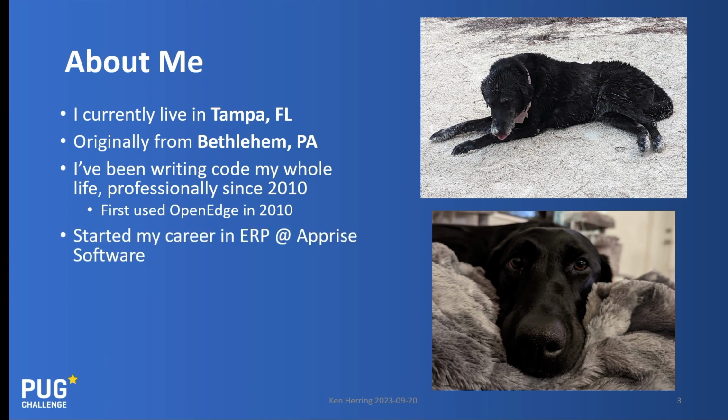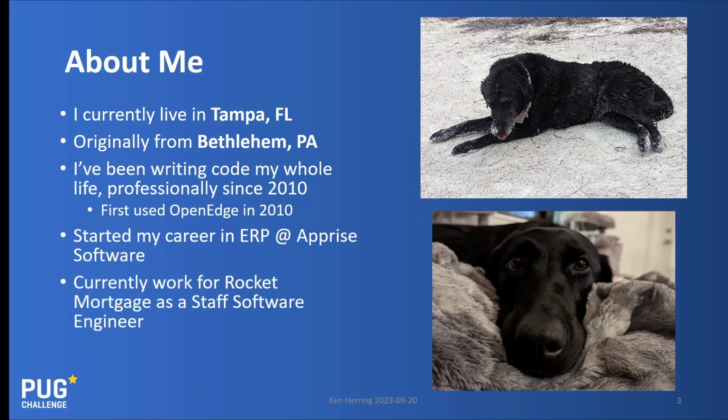I started my career, as a lot of people that have programmed OpenEdge did, in ERP software at a small company called Apprise Software in Bethlehem, PA. But for the last, I want to say 6 years, I'm a staff engineer at Rocket Mortgage, which is in the financial industry. We do mortgages all over the United States and Canada. I have 2 dogs, Maya and Lily. If you were at my thing yesterday, I promised I'd have new pictures of them today. The top one is a black lab who thinks she can turn into a yellow lab by getting all of the sand in my car.